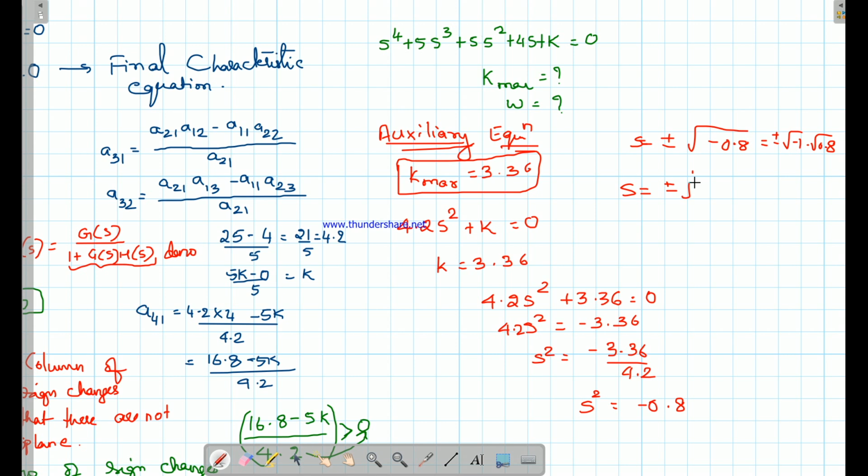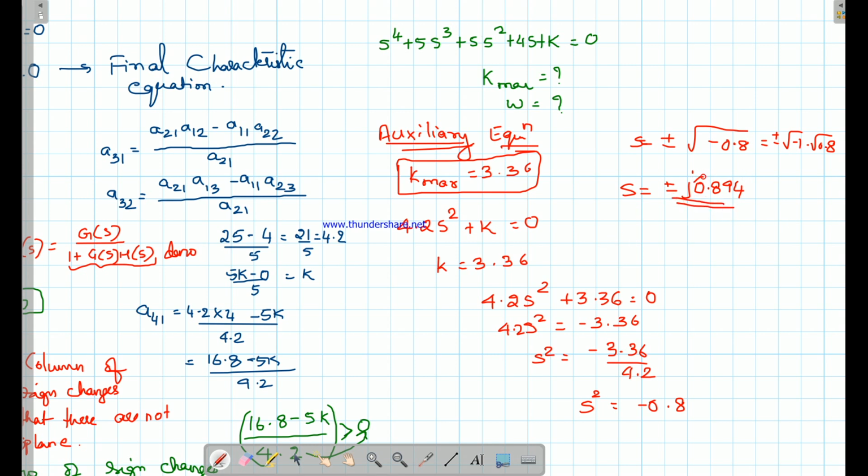So if I say what is square root of 0.8, I will be getting 0.894, and therefore this is the value of s in terms of plus or minus j into 0.894.